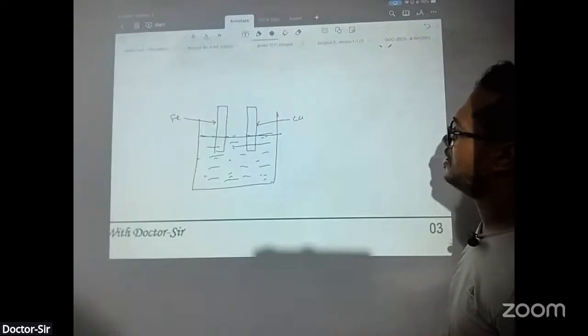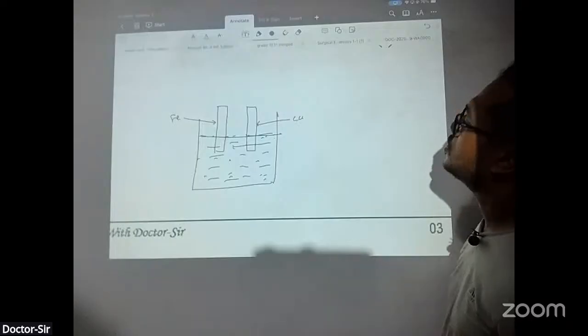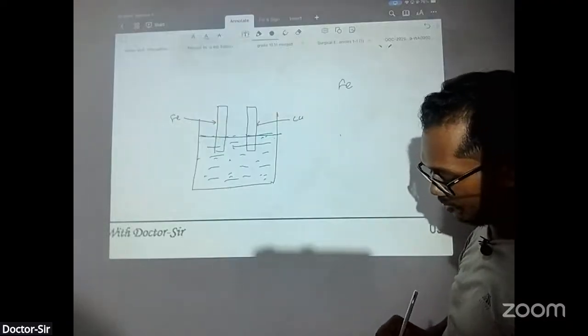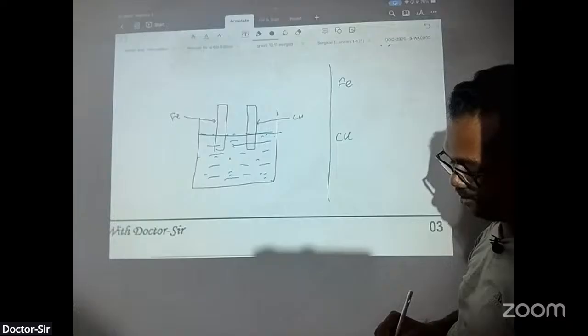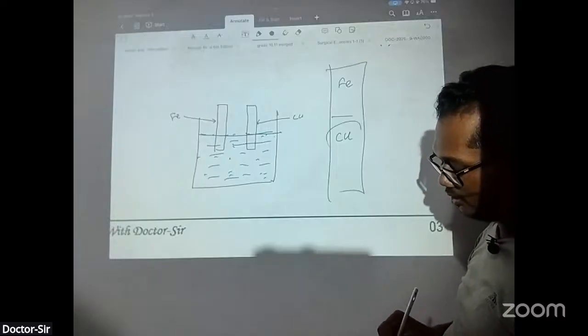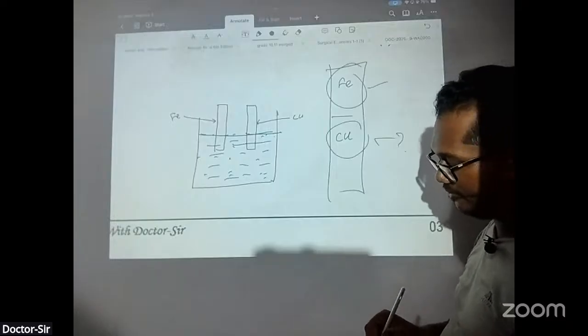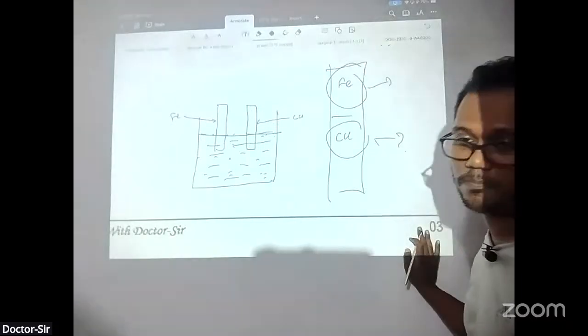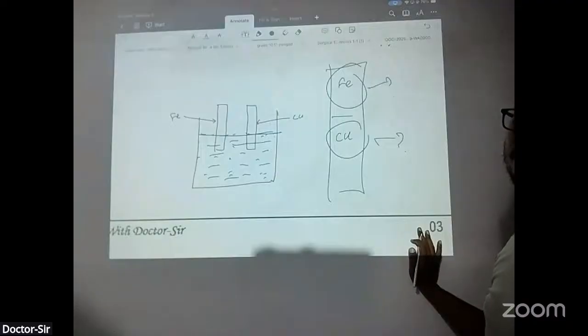In the order of the activity series, ferrous and copper, where are they located? You should find out where the copper is located and where the ferrous is located, who is the highest one and who is the lowest one in the activity series.